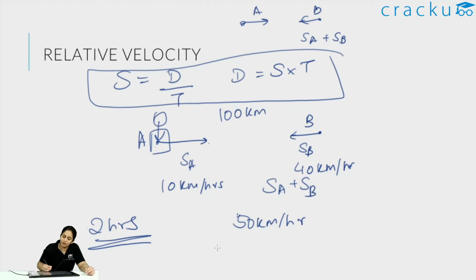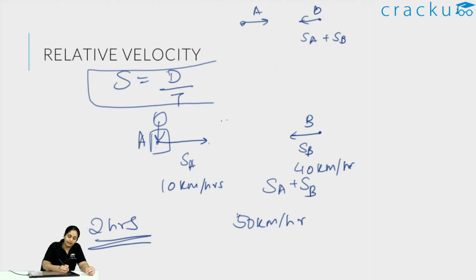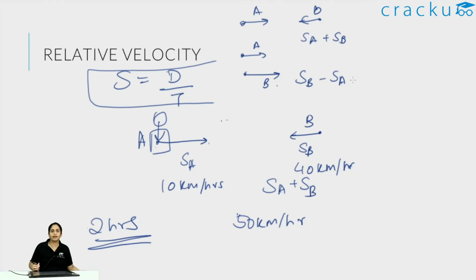If two objects are moving in the same direction, suppose this is A and this is B, then the speed of B with respect to A is SB minus SA. If they are moving in the same direction, the relative velocity of B with respect to the frame of A is the difference of velocities. If they are moving in opposite directions, you have to take the sum of velocities. So that is the basic thing that you have to remember.